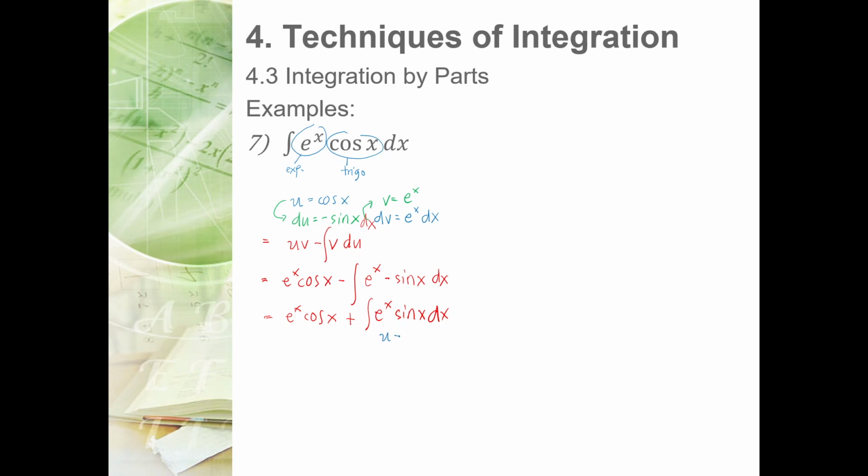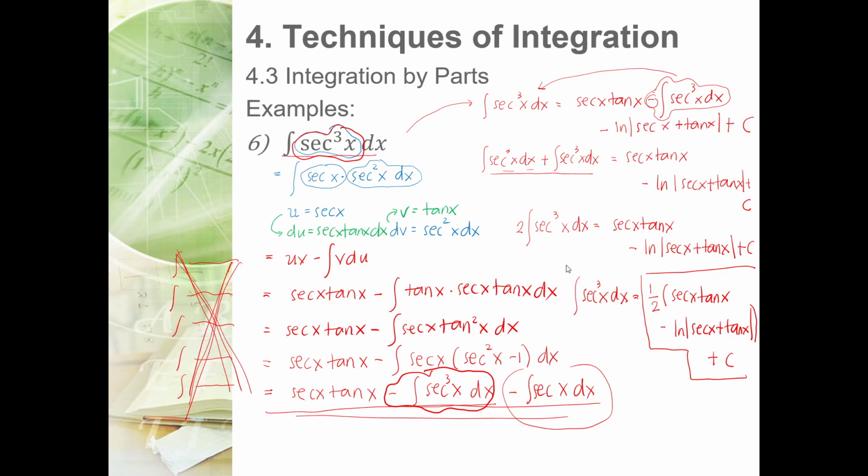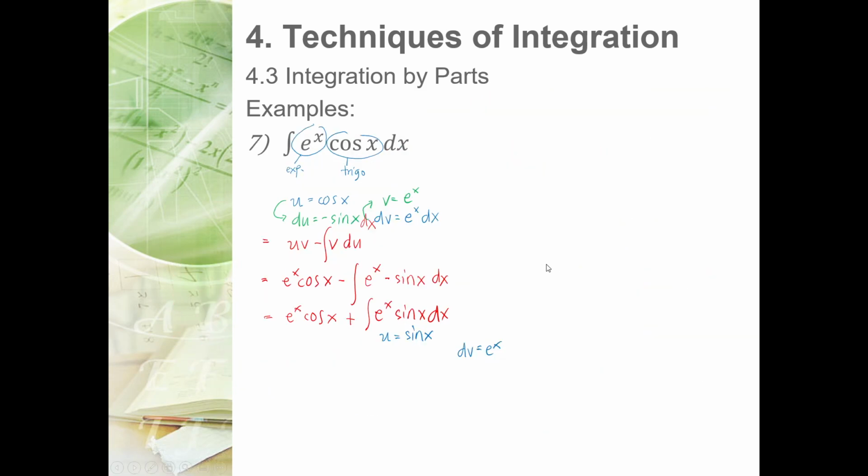So let u is equal to sine x, and then dv is equal to e to the power of x. Oh, sorry. Okay, so sine x, so du is equal to cosine x dx. And then dv is still the same, e to the power of x.